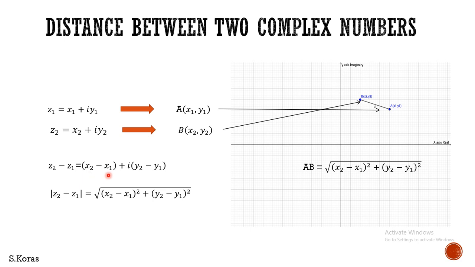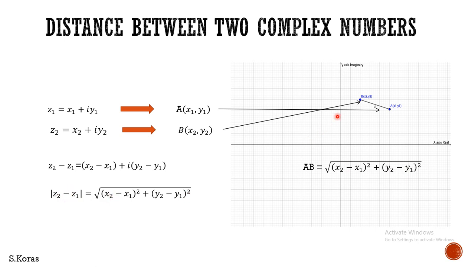So if you find modulus of this value, that is real part square, imaginary part square under the square root. So if you see these two, now these two are same. So we know very well this represents distance between 2 points according to coordinate geometry. The same answer we are receiving when we find modulus of z2 minus z1.